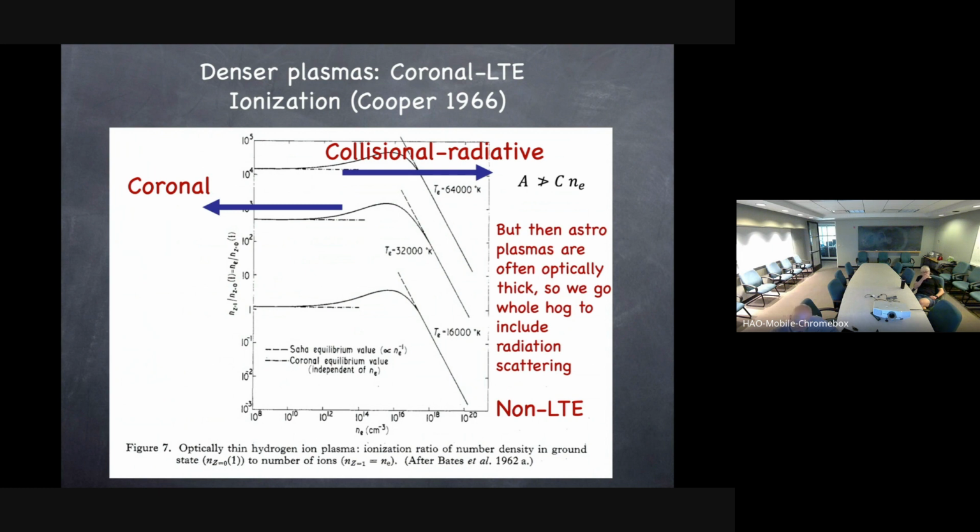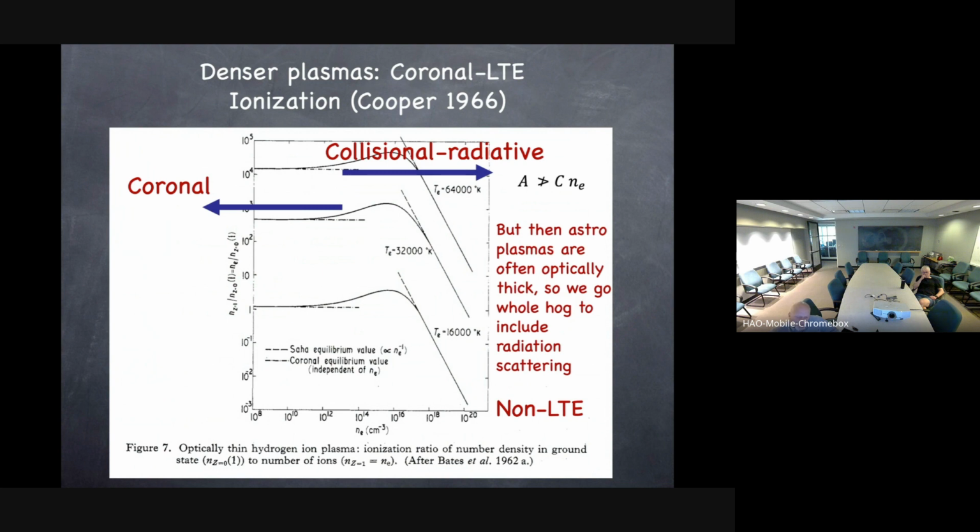For an astrophysical plasma, they are often big structures, much bigger than in the laboratory. So instead of just doing collisional radiative, where that assumption is made, we also have to include the J terms. Remember, we had A_JI plus B_JI J-bar, and all that stuff, even in the statistical equilibrium.